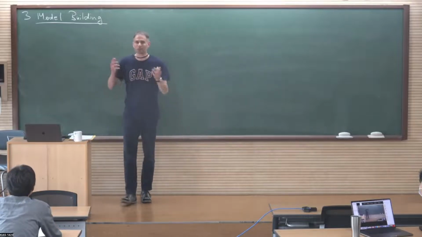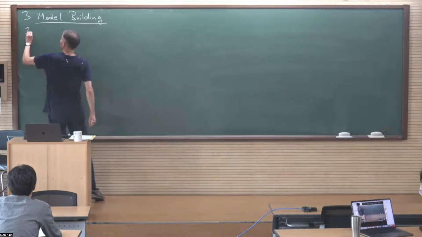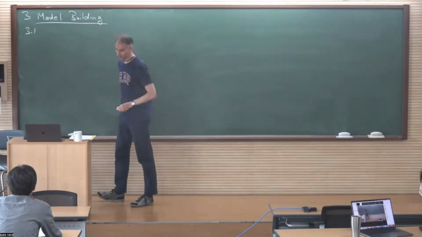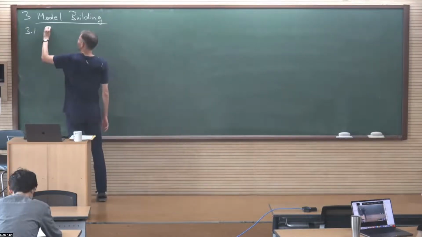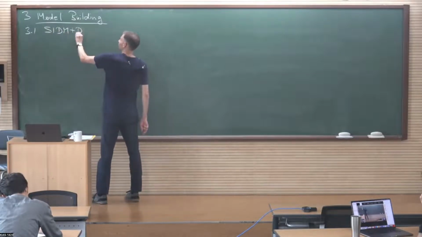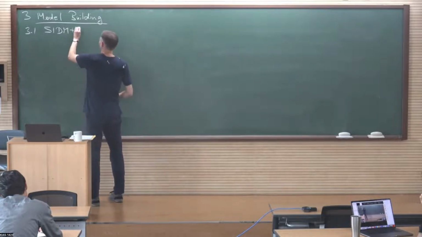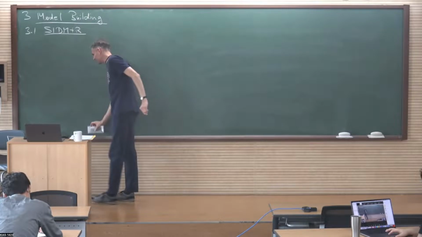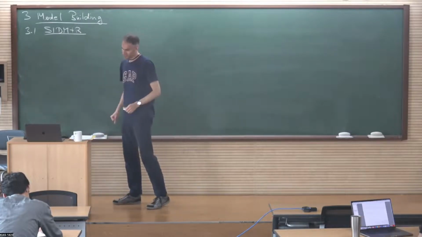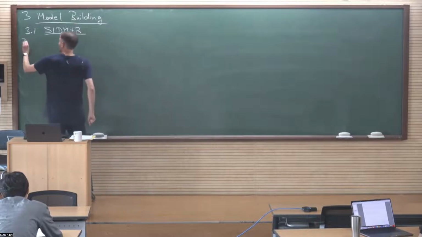And I'll use this to shamelessly promote two of my own papers while mentioning a few others. The first is a model of self-interacting dark matter that also interacts with dark radiation, where the starting point is dark matter self-interactions.